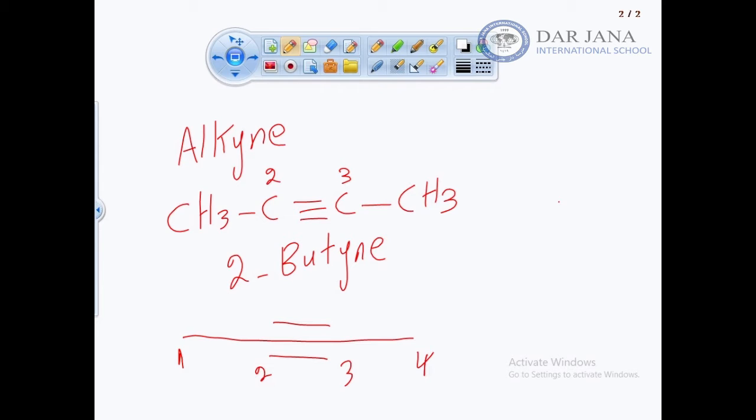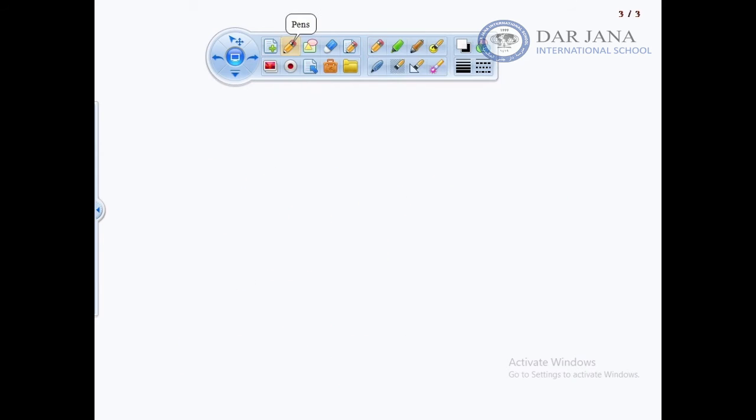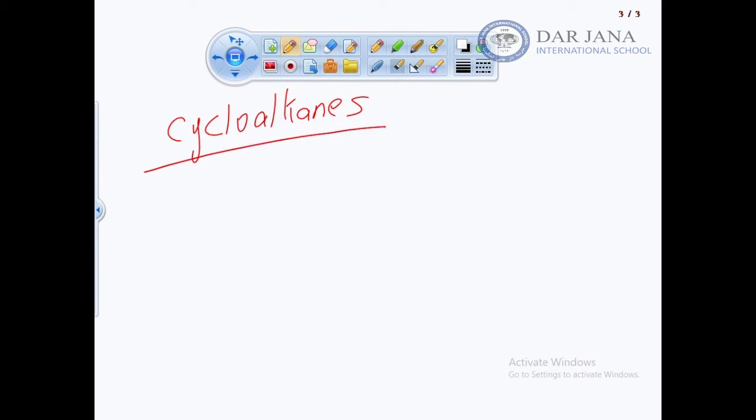Let's go to the next functional group, which is called cycloalkanes. Cycloalkanes are actually cyclic. They form a ring-like or circular structure. See this example.